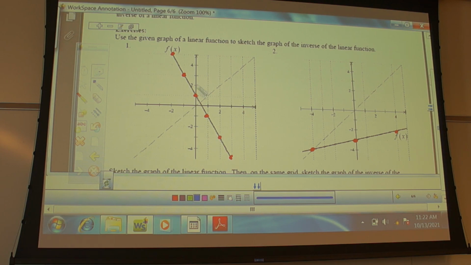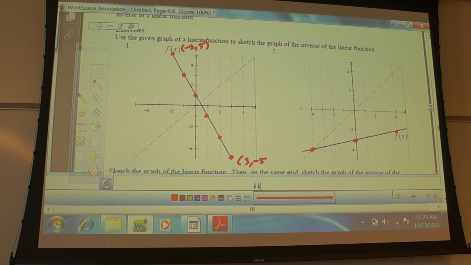So this one here is -2 and then up 5. What's this point down here? How do I get there? Start from the origin, you go right 3, so it's (3, -5), down 5.